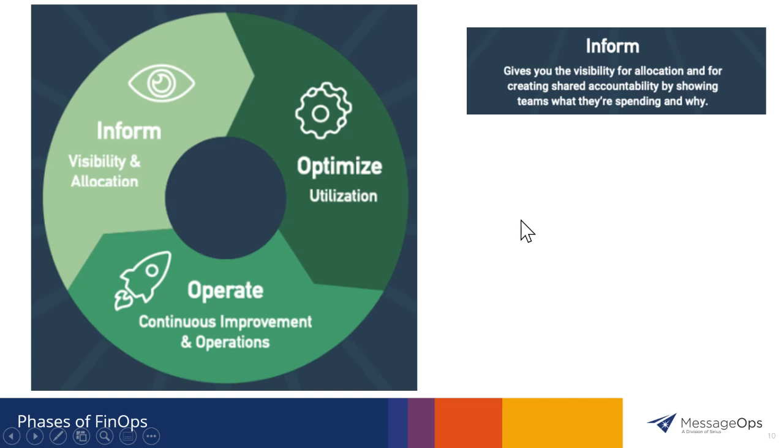We need to give the visibility for allocation and create shared accountability by showing the teams what they're spending and why. So this is a team sport, right, Kevin? If this is just IT and you're all trying to work on your own, it's not going to work. It's this whole transformation, this whole next generation of management, it's really a team sport.